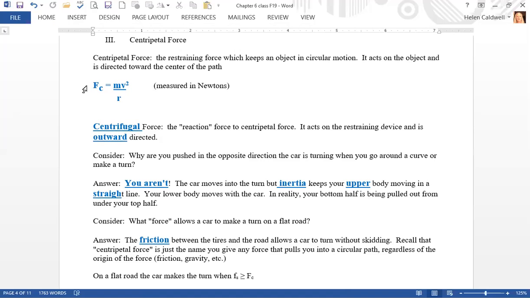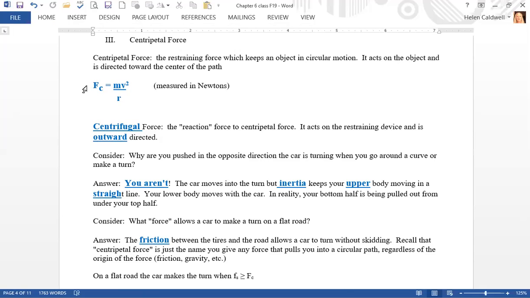M is the mass of the object going in the circular path, and v is the velocity that it's traveling in, so the speed really, and r is the radius of the path. You should notice that if r gets bigger and bigger but your velocity stays constant, maybe you've got circular paths, one is a kilometer across, the other is 2 kilometers across, and the next is 3 kilometers across.